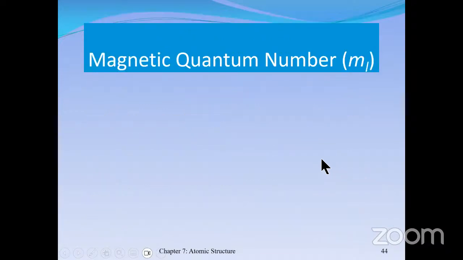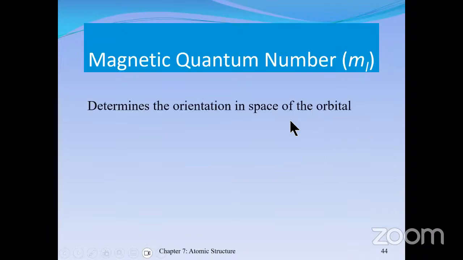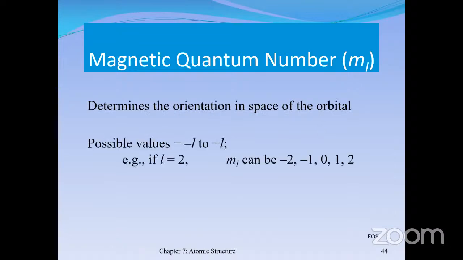Okay, then we get to this quantum number, which is known as the magnetic quantum number, and that is symbolized by the letter ML, right? And this is important because this determines the three-dimensional orientation of the orbital in space. The values of ML are dependent on the values of L according to what is stated here, right?